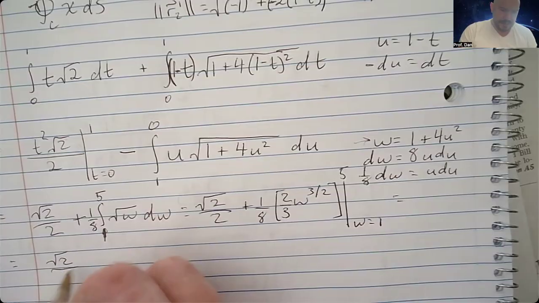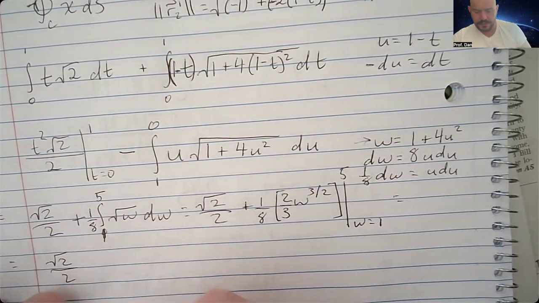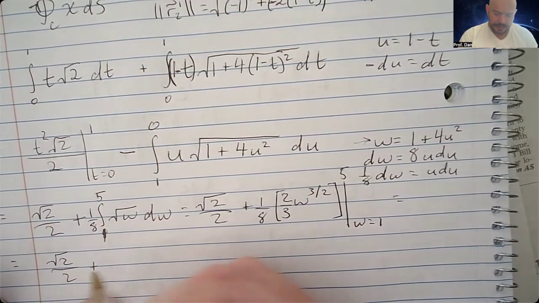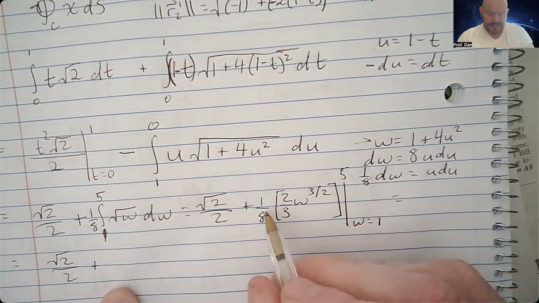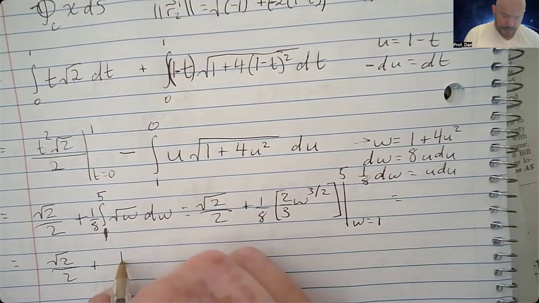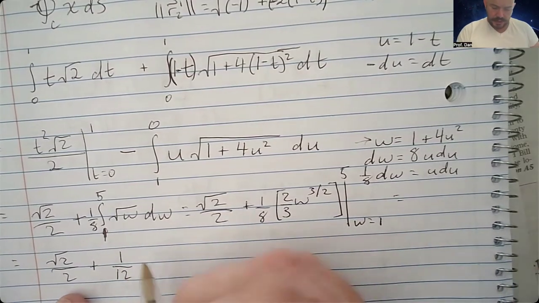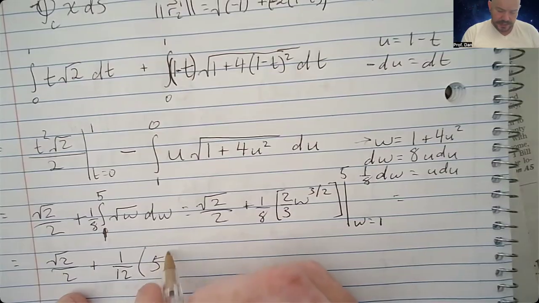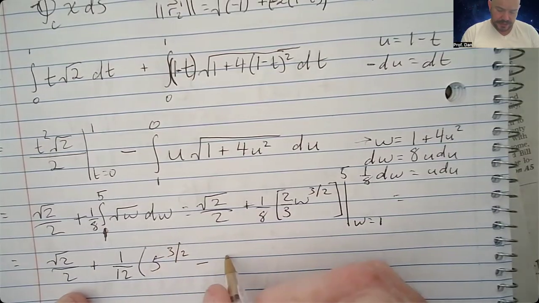So I still have my square root of 2 over 2 from the first path. I can bring the 2/3 out, so that's going to end up reducing to 1 over 12. And then I have 5 to the 3 halves minus 1.